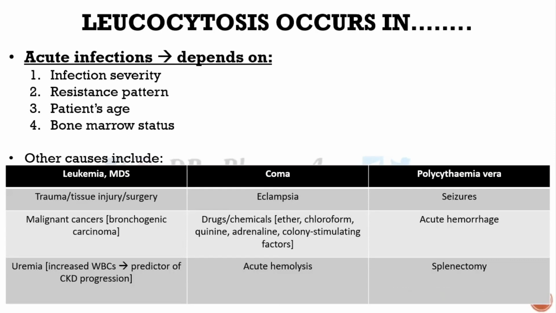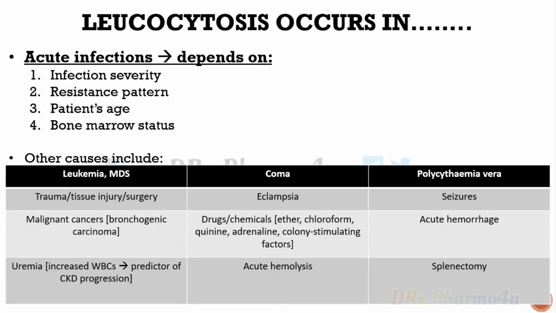If we go to the other causes of leukocytosis, that can be leukemia or myelodysplastic syndrome. Myelodysplastic syndrome is actually a combination of lymphoproliferative disorders. It's actually a kind of cancer. If you have trauma, tissue injury or surgery, leukocytosis may be observed in that condition also.